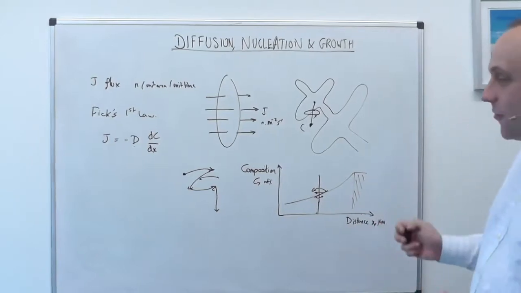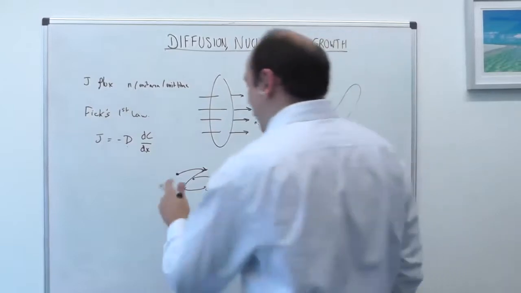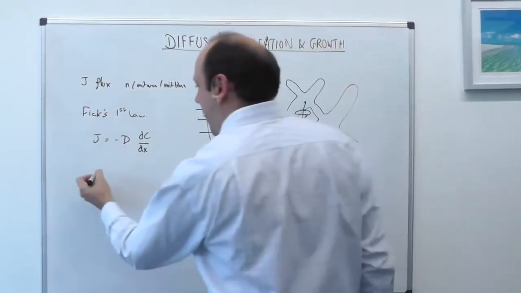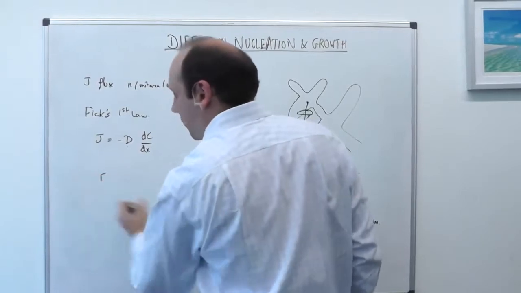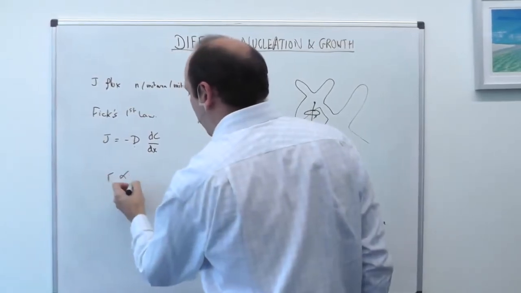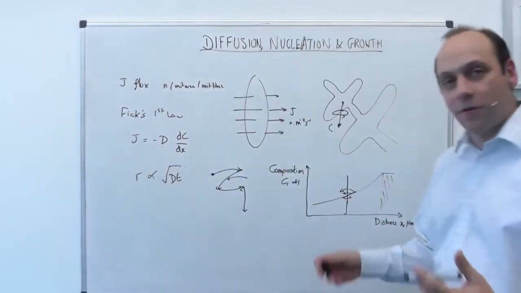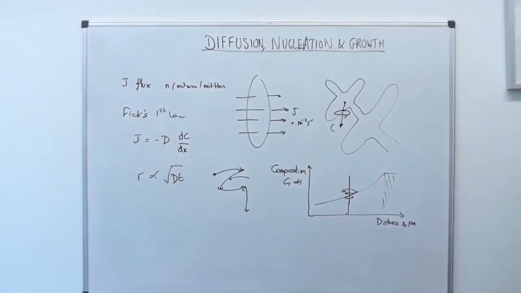And we would say that the average distance travelled is proportional to... if the jumps happen at a constant time interval, then the average distance travelled, which we'll call R, will be proportional to the root of diffusivity times time. And you'll see that in materials physics.